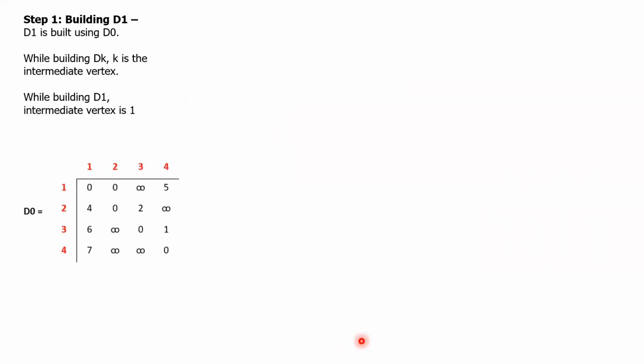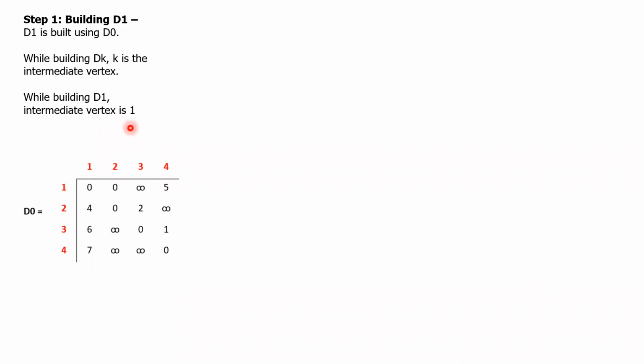So I'll start building distance matrix number 1. Now D1, why am I calling it D1? That number 1 indicates which vertex you have to consider as the intermediate vertex. If you are building D1, the intermediate vertex is the first node.